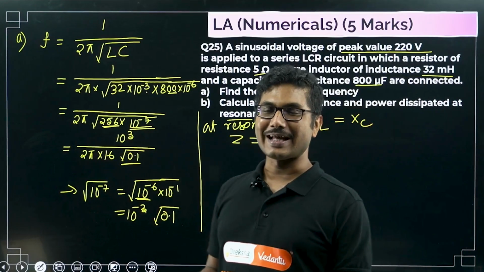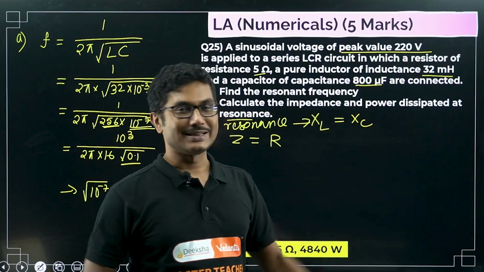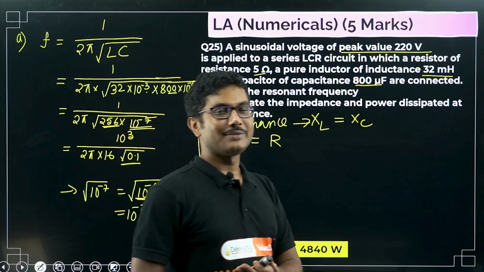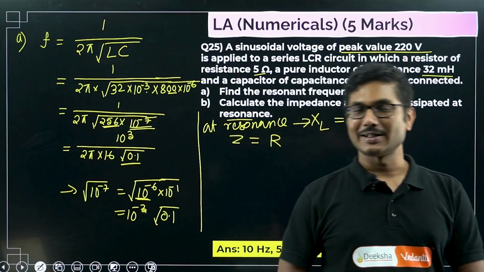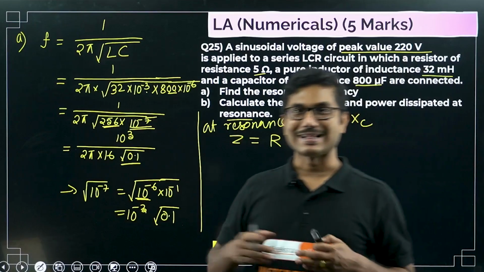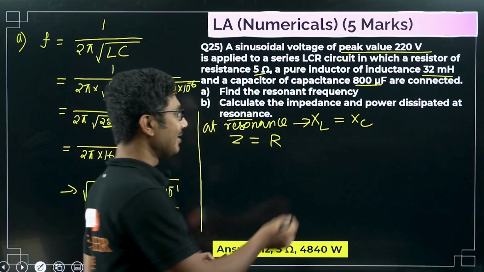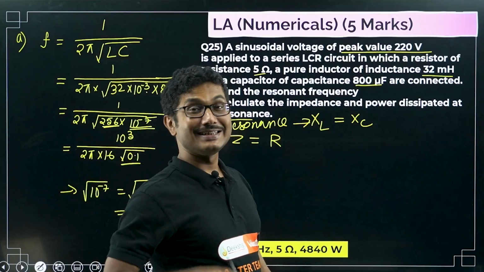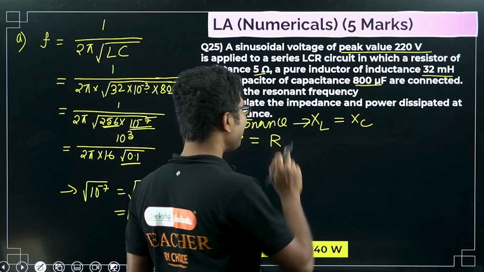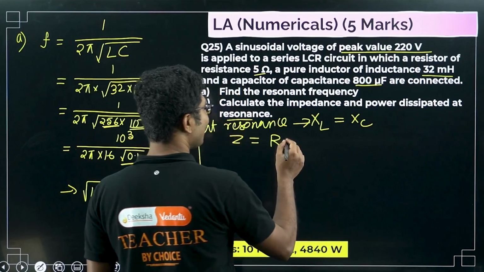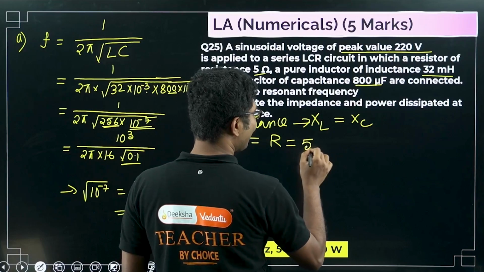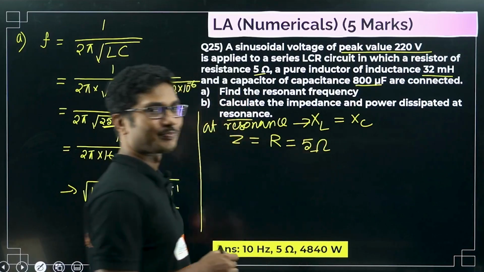So when the resonance happens, capacitive reactance and inductive reactance both become equal, both cancel each other. So the term containing XL minus XC becomes 0, so Z becomes directly R. So impedance is 5 ohm directly, don't worry.